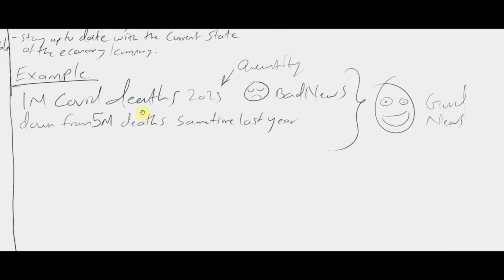1 million deaths down from 5 million deaths the same time last year. That means we're making progress. Health experts would like to say the vaccine is working, or the masking up is working. All these things are working. We're seeing progress. So this initial sad statement of 1 million deaths has been turned into good news because the same time last year we were at 5 million deaths, and that was when the situation was dire.